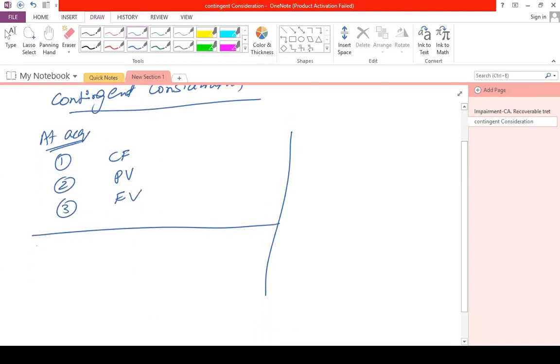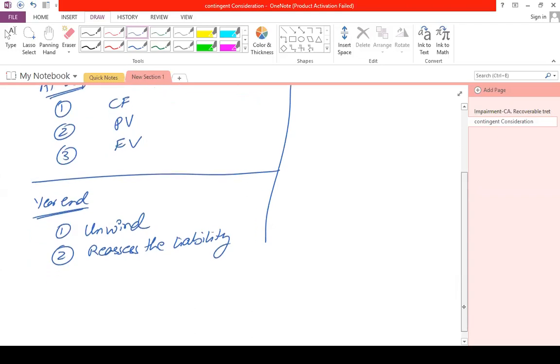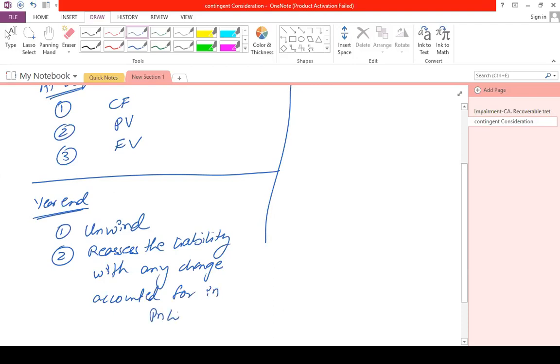Now at each year end, we need to unwind the liability, plus we need to reassess the liability, and if there's any change, we are going to account for it in P&L.